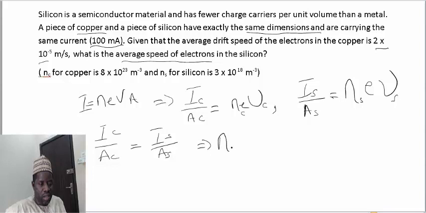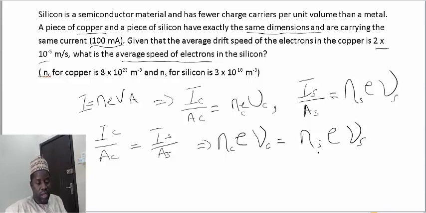Therefore, we can now equate our two relations. The charge carrier density in copper multiplied by the electron charge times the drift velocity in copper is equivalent to the charge carrier density in silicon times the electron charge times the drift velocity of the electron in the silicon.